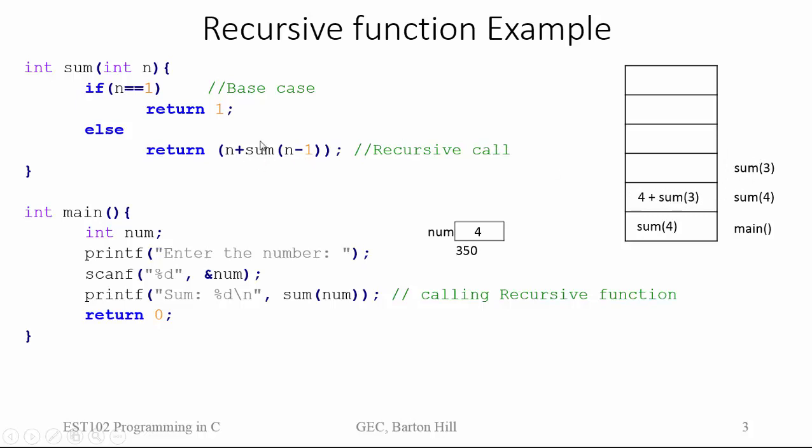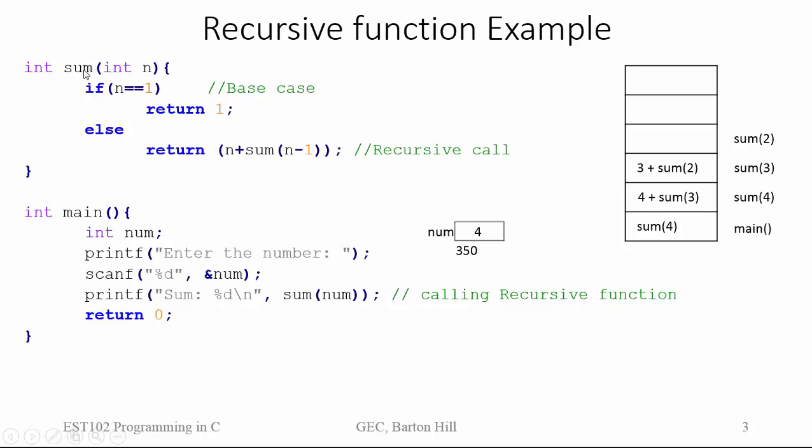Sum of 3 will return its value here, with the context n equal to 4. So that's why I have written this statement here. Then sum of 3 will be called, again 3 equal to 1 is false. 3 plus sum of 2 will be returned, so sum of 2 is called.